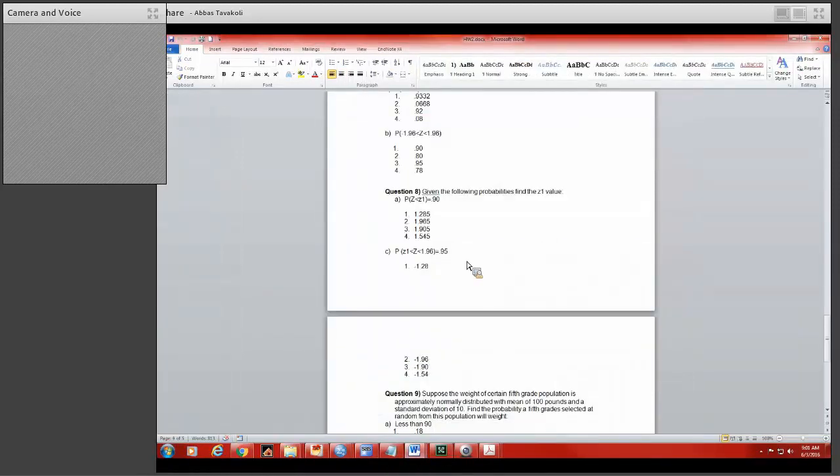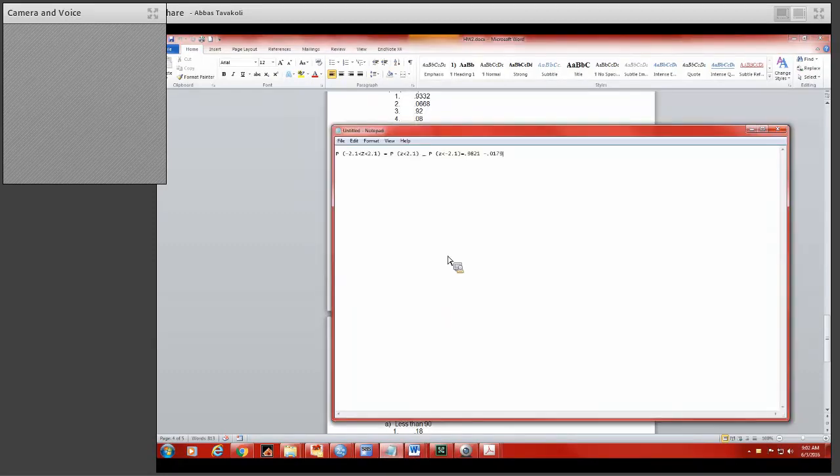So it's negative 1.04 because that is the second decimal point. Or what is the z value for the area 0.0008? It is negative 3.17 because 7 is there. So again, sometimes you have the area, and you want to find the value.